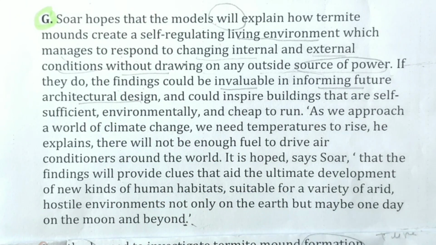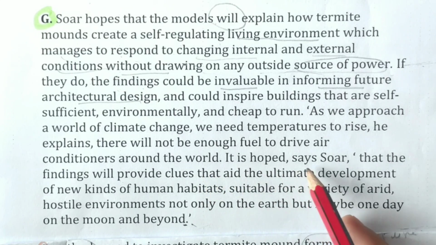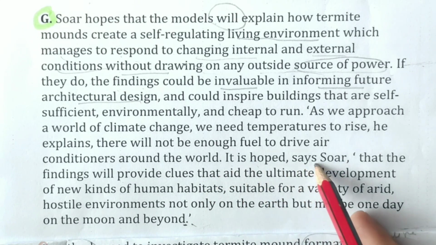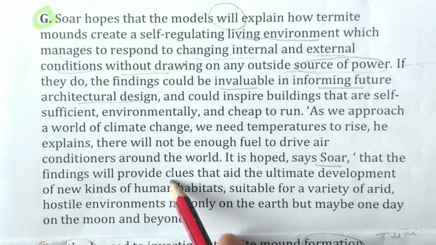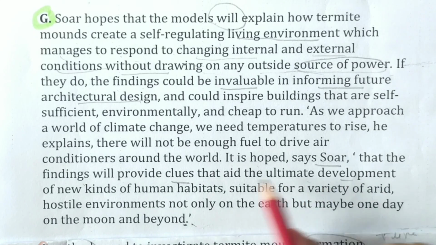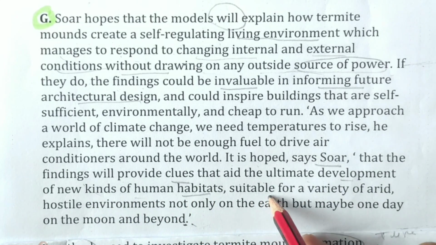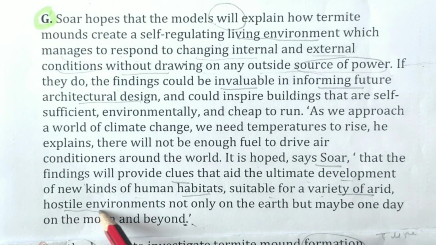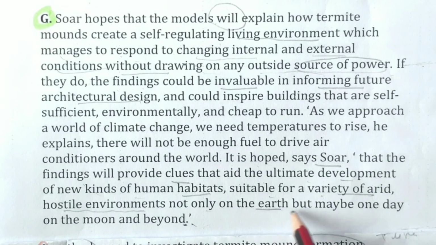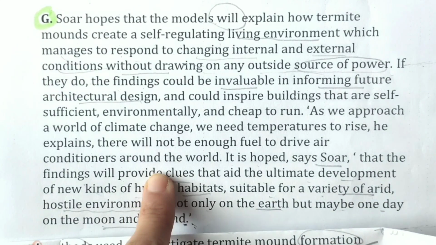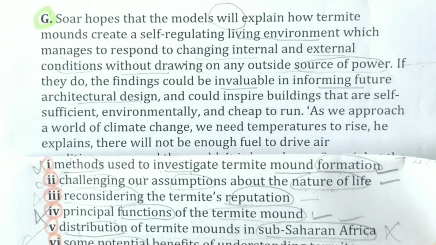So okay, let's read the last line also. It is hoped that the findings will provide clues that aid the ultimate development of new kinds of human habitats suitable for a variety of arid, hostile environments not only on the earth but maybe one day on the moon and beyond. So it is all about future kind of thing.